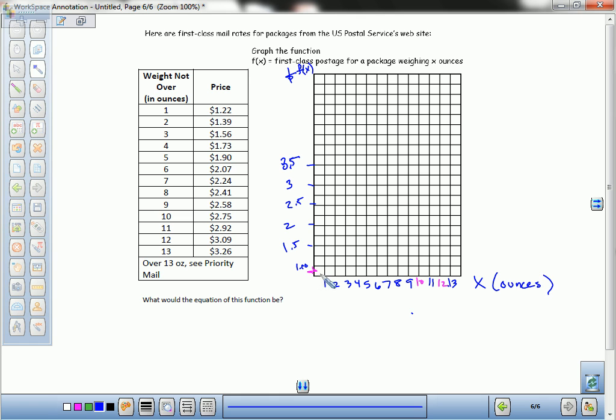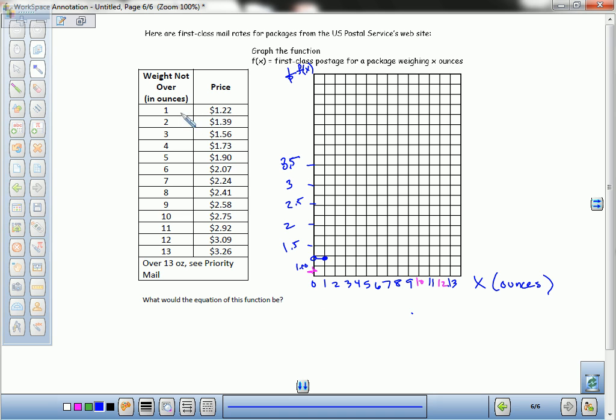All right, can anything weigh nothing? No, if it weighs nothing, it doesn't really exist, right? So we got to have an open circle right here on a weight of 0. And so that would go, it's $1.22 up to 1 ounce. That's my first little step.